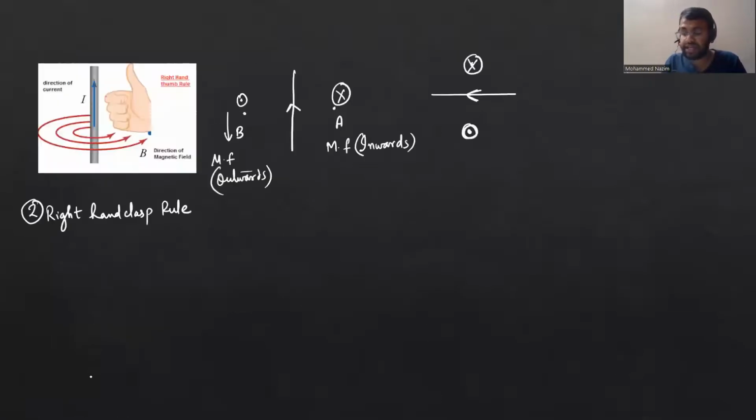But here in right hand clasp rule, curl the fingers of your right hand in such a way that the fingers encircled should be in the direction of current. Then the thumb will give you the direction of magnetic field. Are you following? So what does right hand clasp rule state?